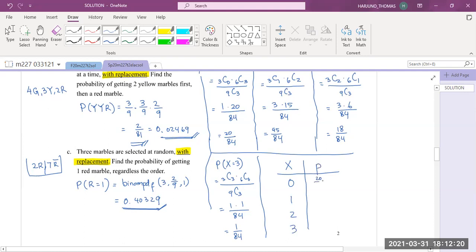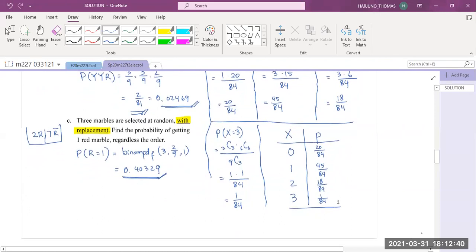Now then the probability distribution is 20 over 84. Don't make it decimal. It's a lot harder to compute actually if you make it decimal. Just leave them in fraction. If you can simplify with a common denominator, that would be great. At least right now they already have a common denominator, so if you add them, you just add the numerators, right?